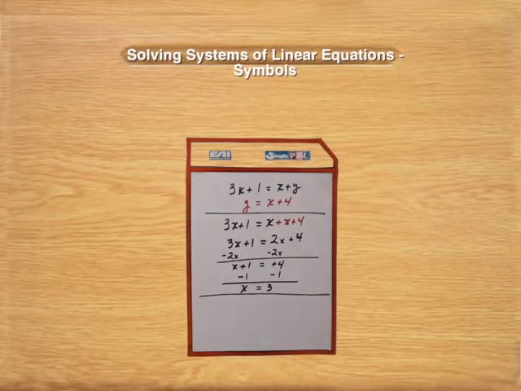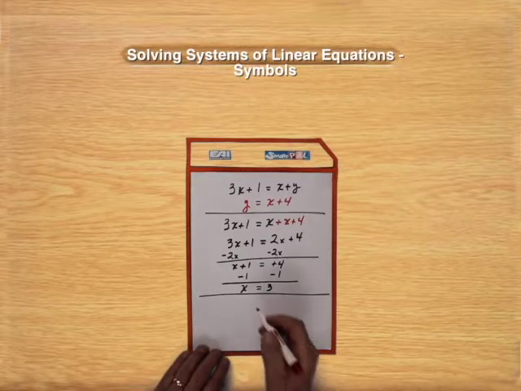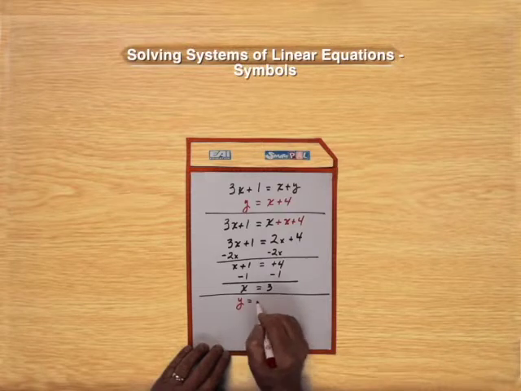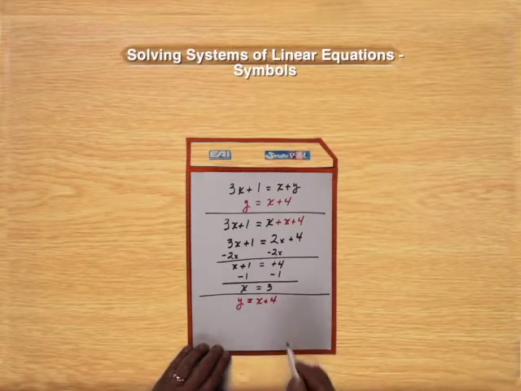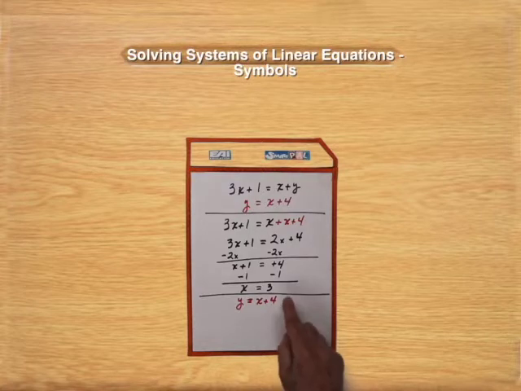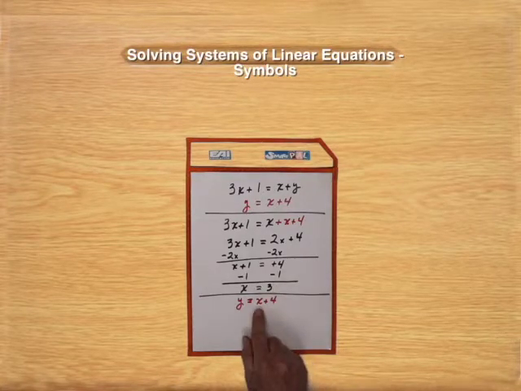Now the question is, how do we find a value for y? Well, we know that y is equal to x plus 4. But the value of x we have just found is 3. So what we're now going to do is substitute this 3 for the x, because x equals 3.